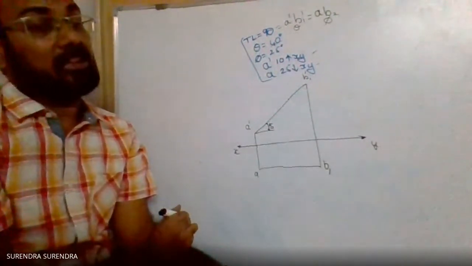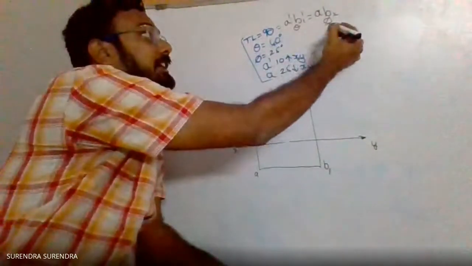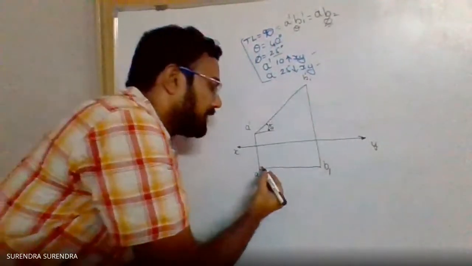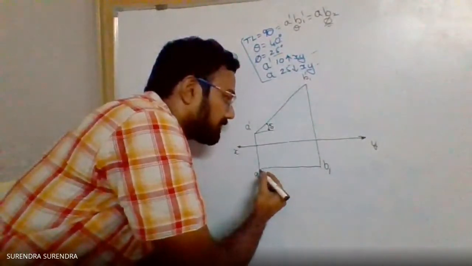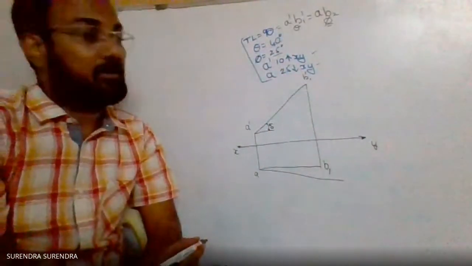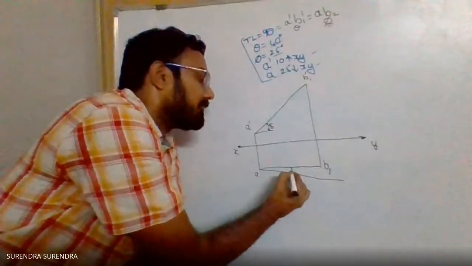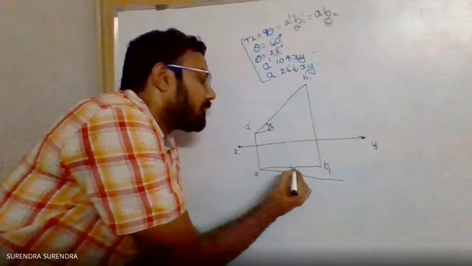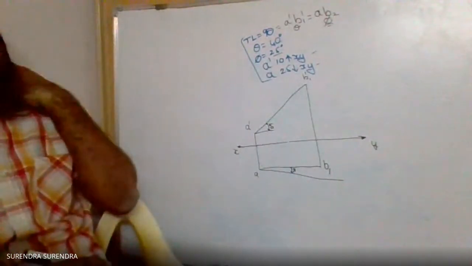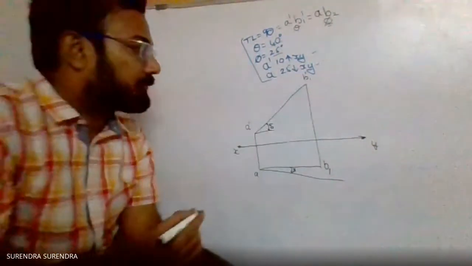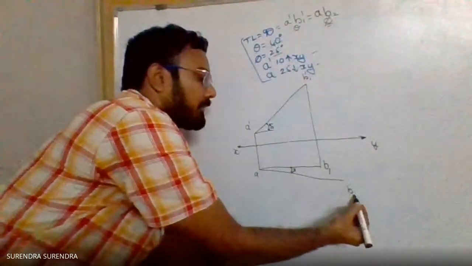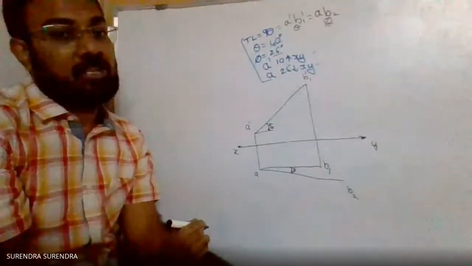Next, when the line is inclined to the vertical plane, phi equal to 25 degrees as given in the problem. Starting from A with a 25 degrees inclination, draw a line of 90 mm. This point is B2, that is the line A B2.